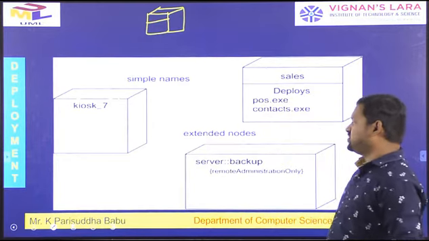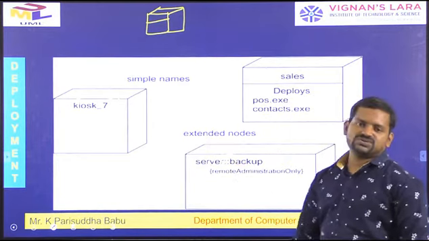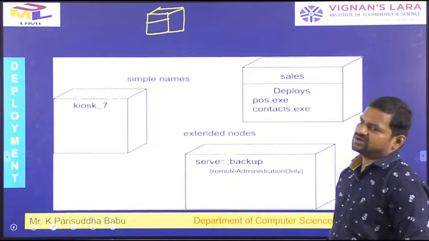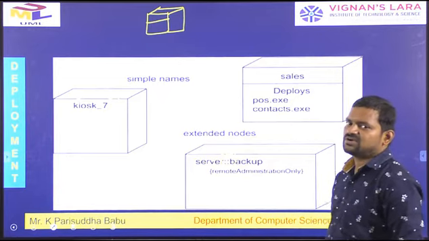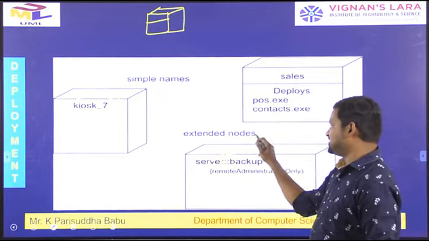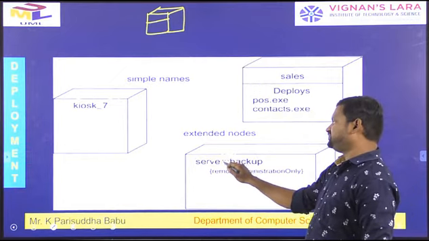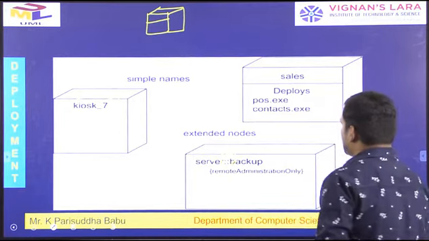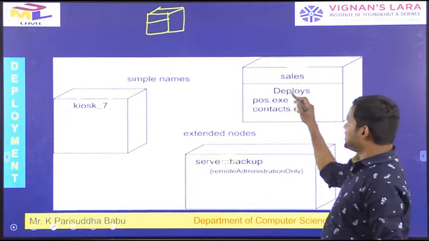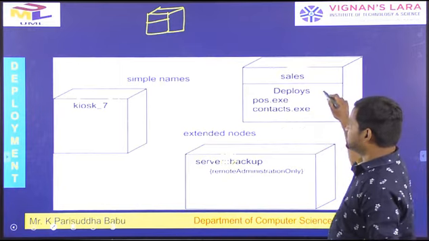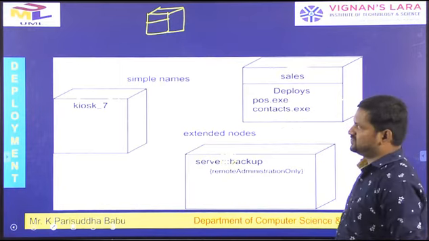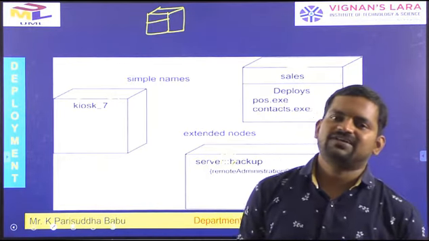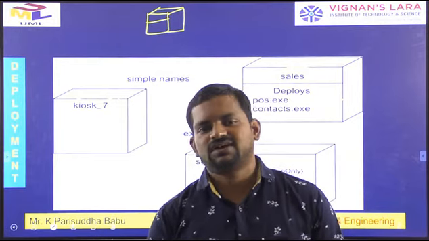An extended name you may also use, with the help of the scope resolution operator as we used in the component diagram. You may also extend it with the path name. You may also give it to the node. The sales node has some deployed files, pos.exe and contacts.exe, which are executable parts of a diagram, simply called a node.